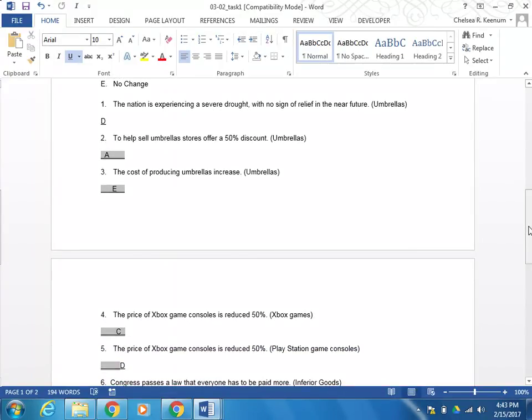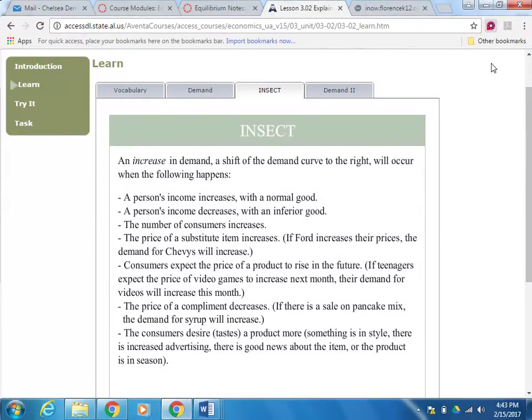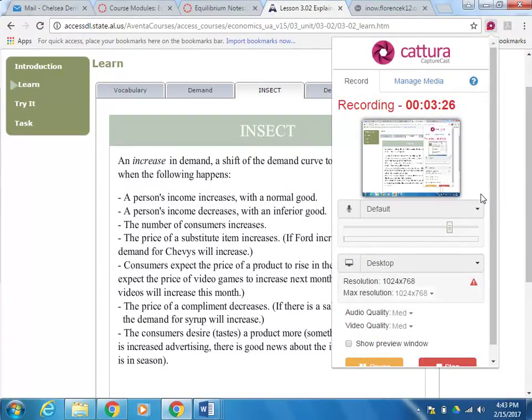The price of Xbox game consoles is reduced 50%. So what's going to happen to PlayStation game consoles? The demand for PlayStation game consoles is going to decrease.